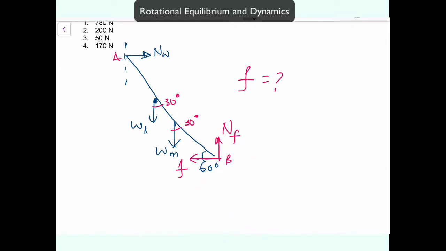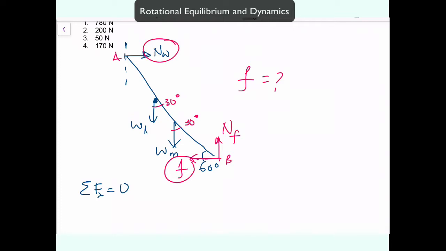I'm going to start from the force equation because this thing is not sliding or moving anywhere. So I'm going to consider the sum of all the forces acting in the x direction equals 0. If you look at all the forces in the x direction, here you have the normal force from the wall, and here you have the friction.